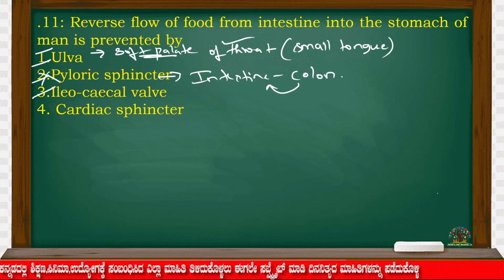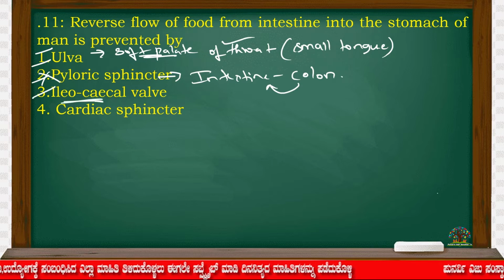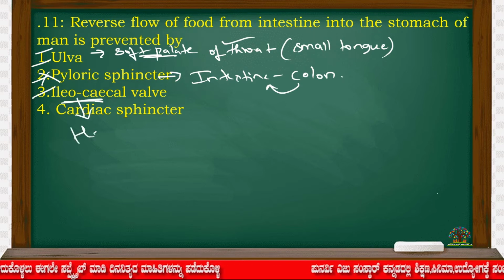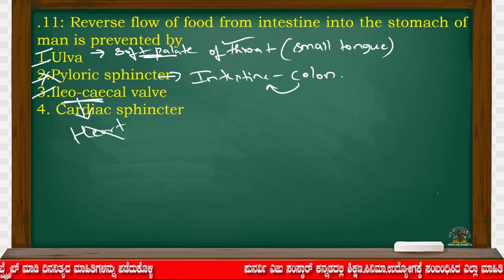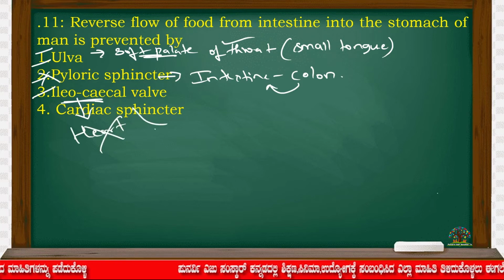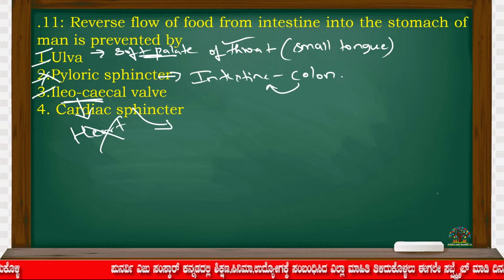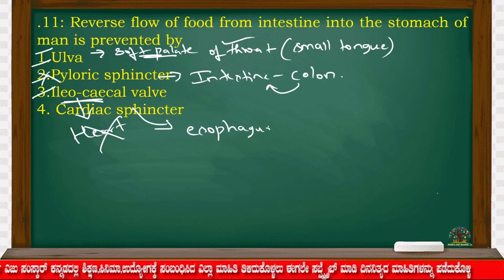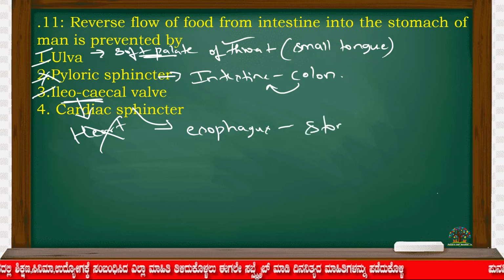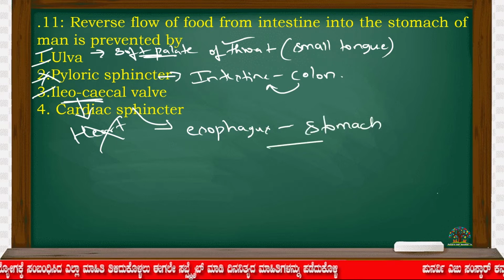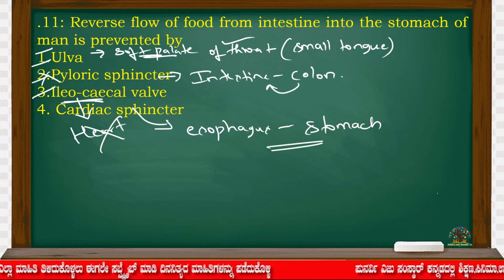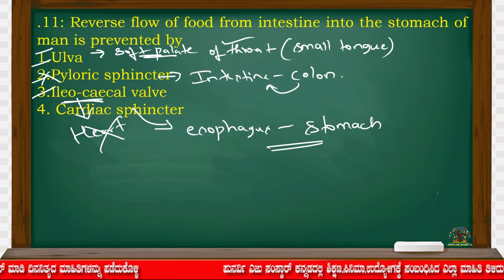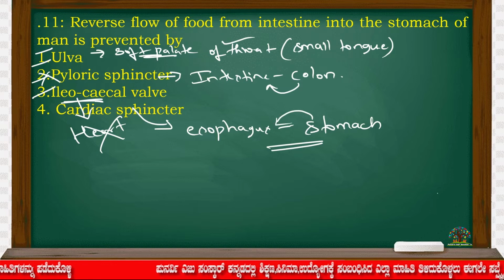The fourth option, cardiac sphincter. When you hear the word cardiac, few people confuse it with the heart. It is not present in the heart, rather it is present between the esophagus and the stomach. It is a wall which prevents the entry of food from the stomach back into the esophagus.